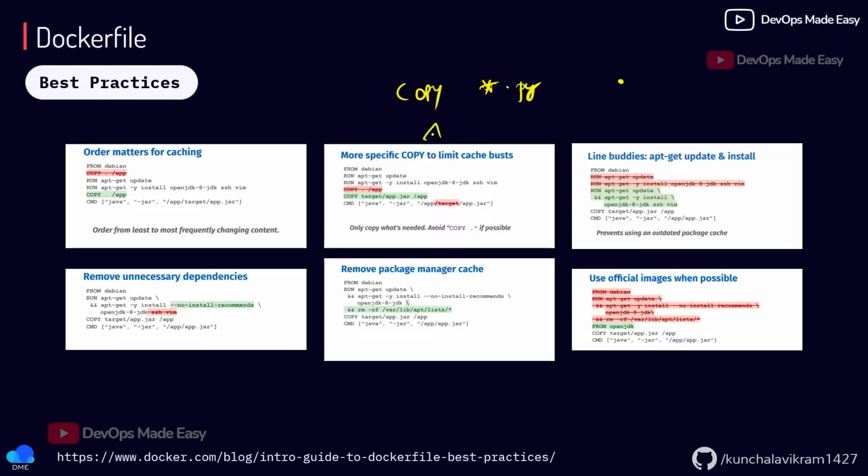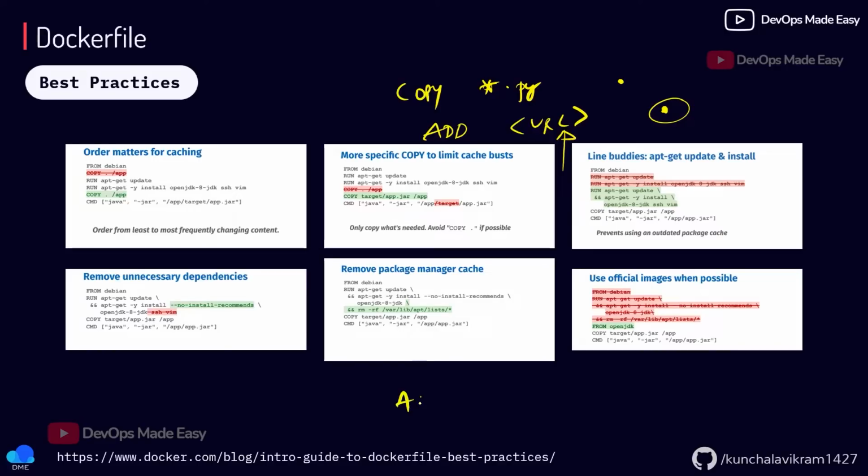But if I have to use add, it is always a remote URL into the image. You never know what is coming from this URL, and it will copy everything which is there in the URL into the image. So I can't select only a few files from this URL before copying.